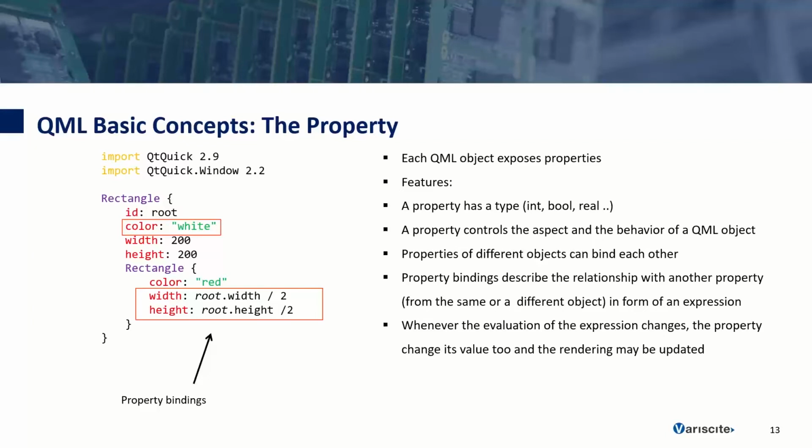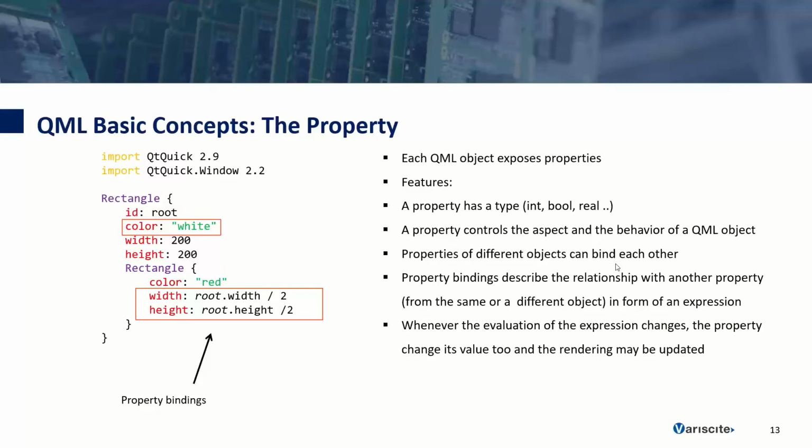For example, in this example, the lower rectangle is designing its width and its height as half of the width and height of the main object. This will also cause that in case of redrawing, because of resizing or whatever, the red rectangle will be redrawn keeping the aspect ratio.